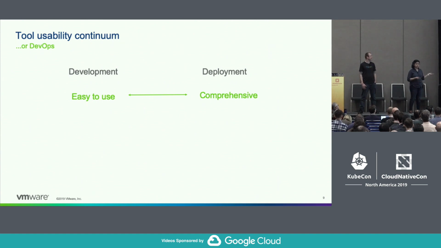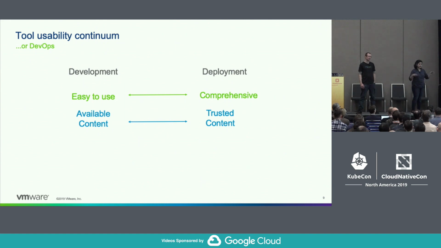One is ease of use. The reason why Docker is so popular is because it is really easy for any app developer to become an operating system vendor. This helps adoption, but on the other hand, you want your tools to give you all that comprehensive information in order for you to make engineering decisions about whether this artifact is okay to ship.